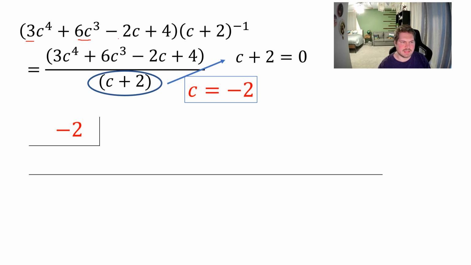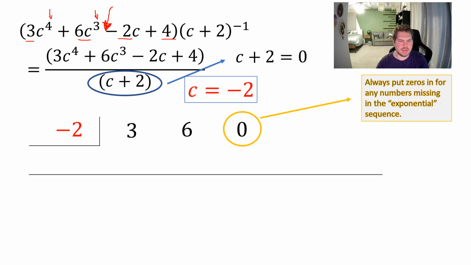3, 6, negative 2, 4, 3, 6, negative, oh my word. I was doing it so fast that I didn't even catch on to the fact that we're missing a gap right here. And this is where I think some of you are going to struggle if you're ever missing a gap in the sequence. So 4, 3, we should have a 2.